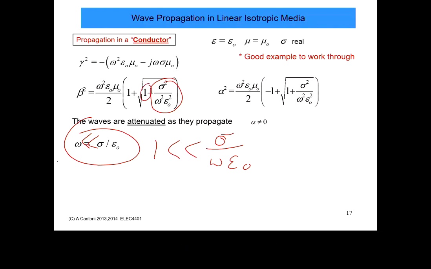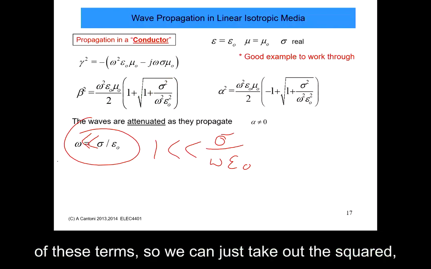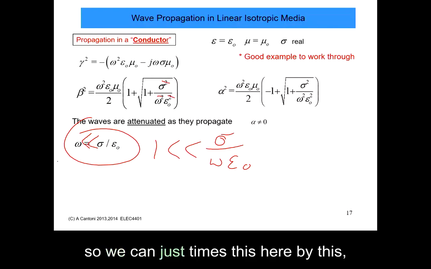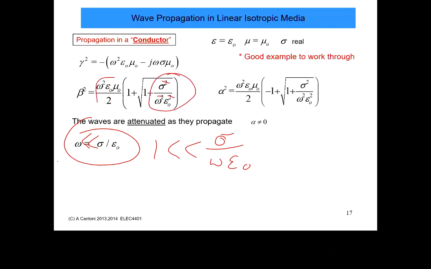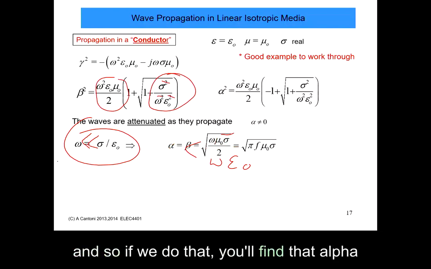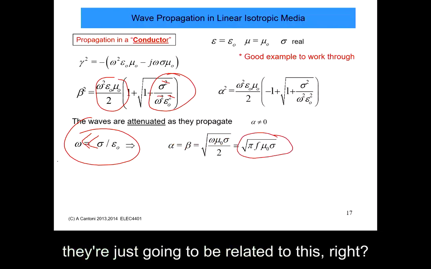So we can ignore the 1, and then this becomes essentially the square root of these terms, so we can just take out their squared, and again that's much greater than the 1, so we can just times this here by this, right? And similarly with the alpha as well. And so if we do that, you'll find that alpha and beta are similar, and at low frequencies, they're just going to be related to this, right?